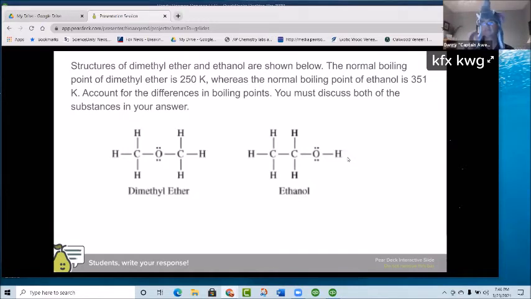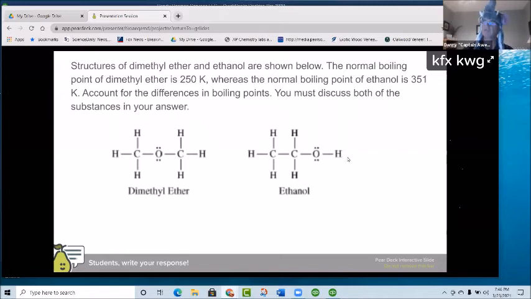So that creates a little bit of polarness to the dimethyl ether, whereas in the ethanol, the oxygen is stuck to the hydrogen. So the ethanol can hydrogen bond. The dimethyl ether can't. And why can't it hydrogen bond? Because the dimethyl ether has hydrogen stuck to carbon, not to the oxygen.